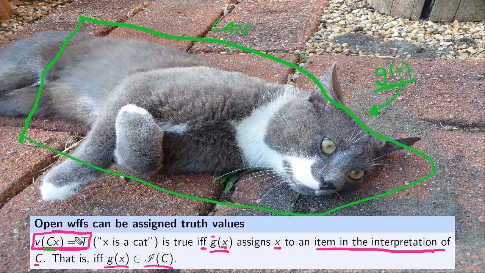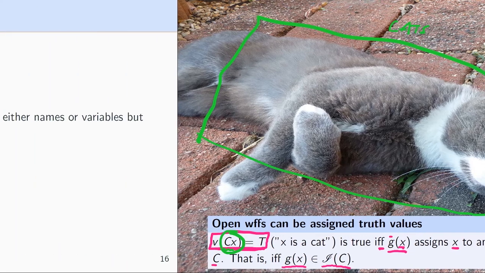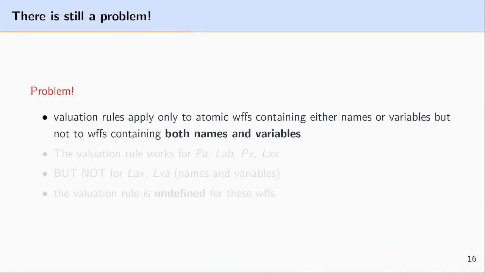So all this is to show that we have a way of taking open well-formed formulas and determining their truth value. Now, if Gx did not pick out this cat, but picked out, let's say, this little pebble right here, then Cx would be false because the item that x refers to is not in the interpretation of cats. So what we've done is specify two different valuation rules, one for closed atomic well-formed formulas and another for open well-formed formulas.